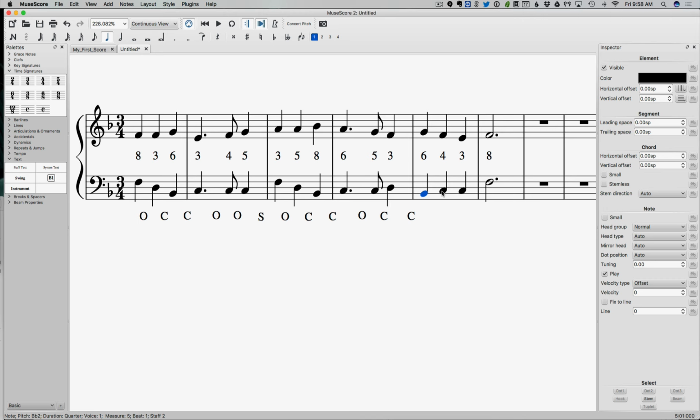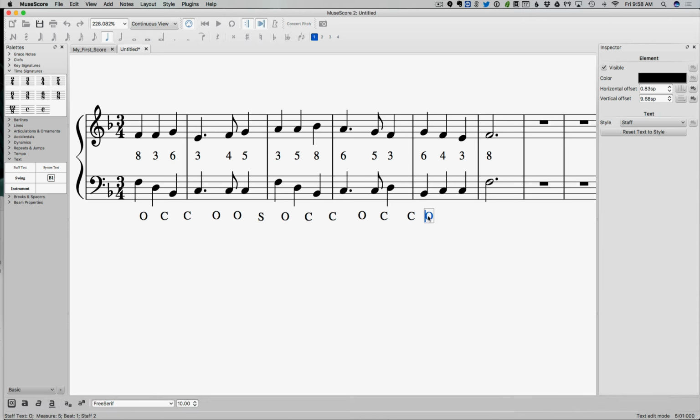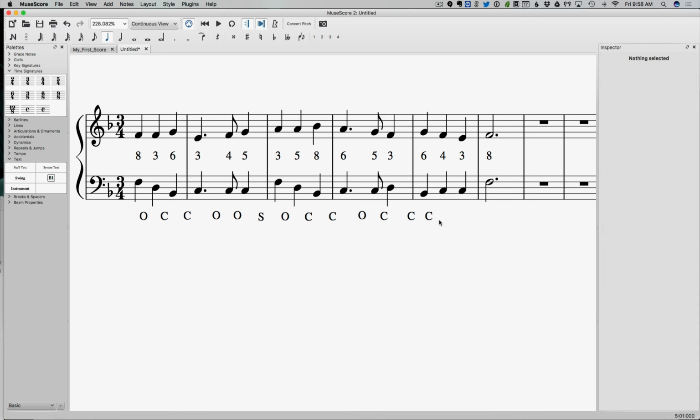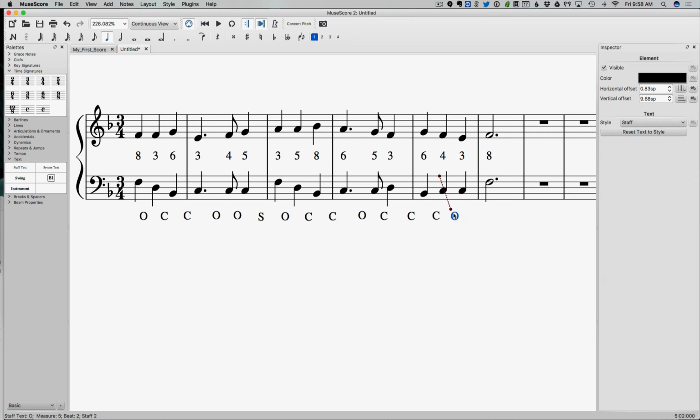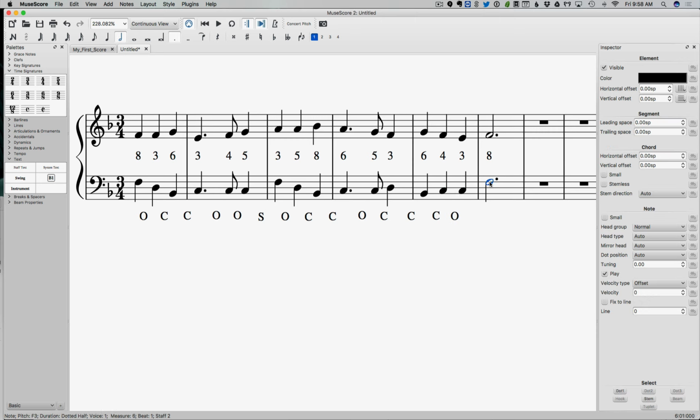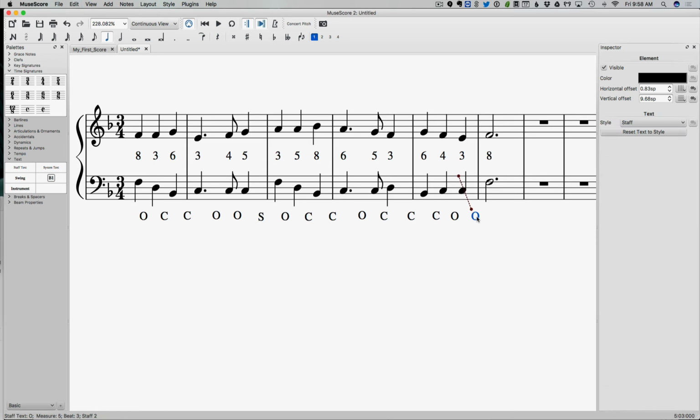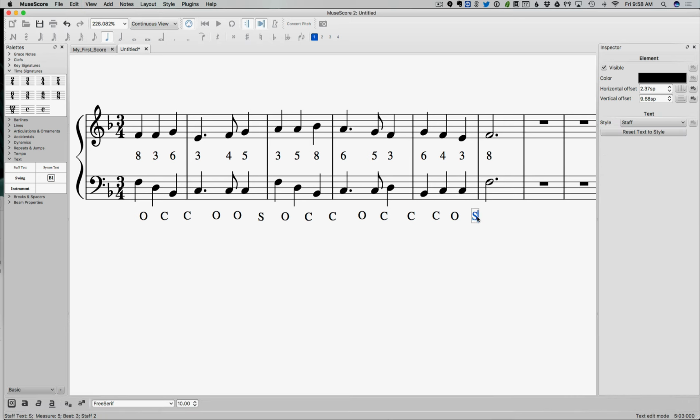G down to F, B flat up to C, another contrary motion. C to C, F to A, that's another oblique motion. And then C up to F, E up to F, that would be similar motion. Same direction, different intervals.